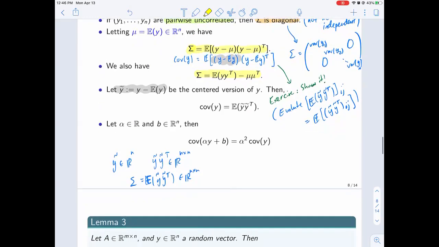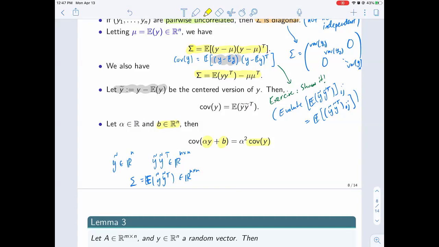Okay, so one last point is that if I have a vector b, which is constant, and a scalar alpha, which is constant, and I rescale y by alpha and then add b, this is a new vector. It's going to be an n by 1 vector. It's a random vector, and its covariance matrix is going to be alpha squared times the covariance of y. So this covariance matrix is given in terms of the covariance of y.